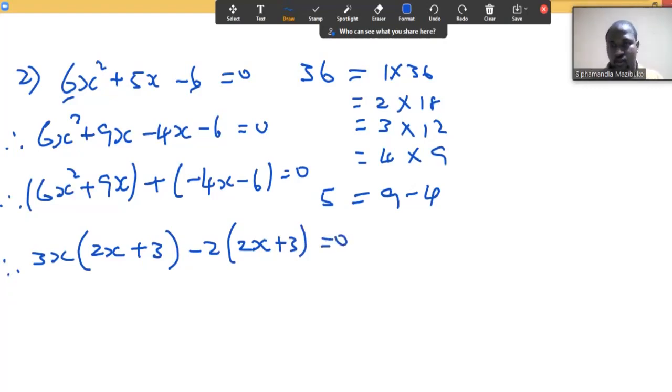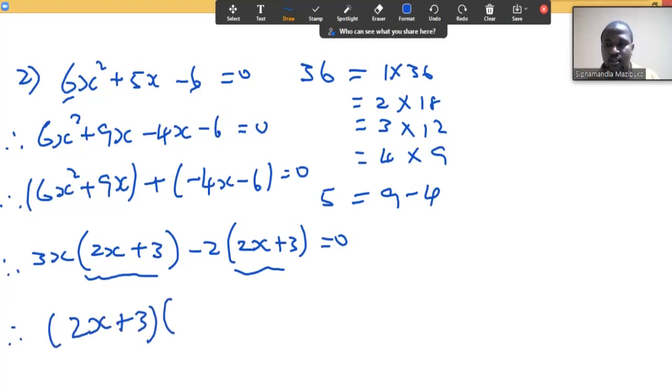Okay, so we see a common factor again arises, so what we have here is 2x plus 3, and then what is left over is 3x minus 2 equal to 0.